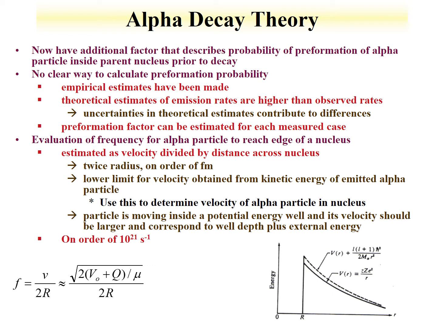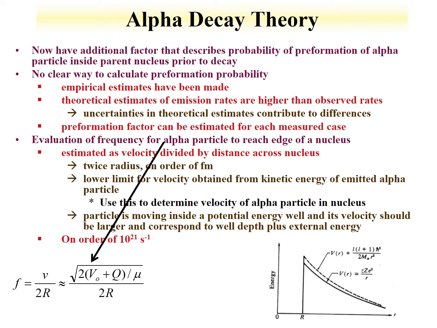Now, we can use the velocity of the alpha particle as a way to determine how many times the alpha particle will impinge upon the barrier. We can use that as a frequency of how often the alpha particle will impinge upon the barrier.